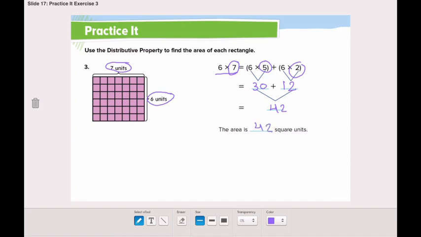We can also shade it here on the rectangle. The 7 will be 5. 1, 2, 3, 4, 5. You can use your colors. This is the first part that we're going to calculate. Then this one is our second part that we're going to calculate.